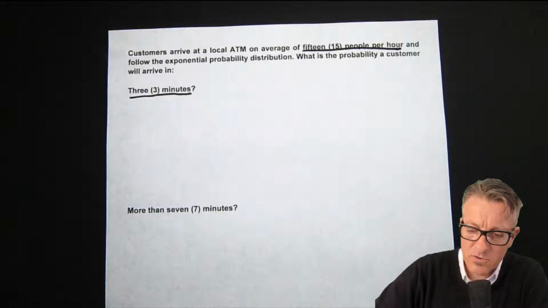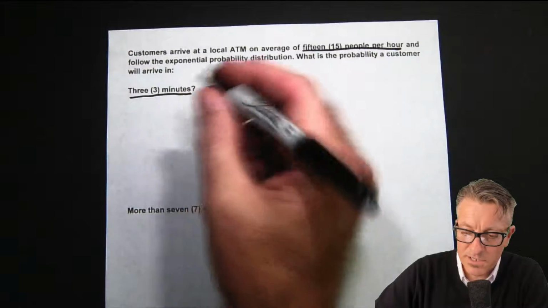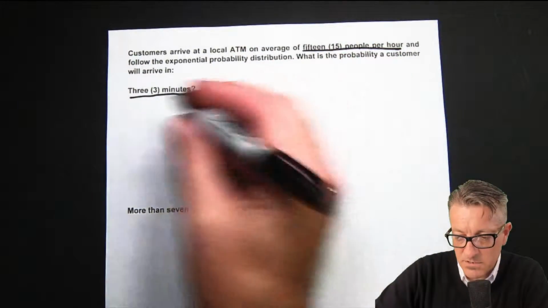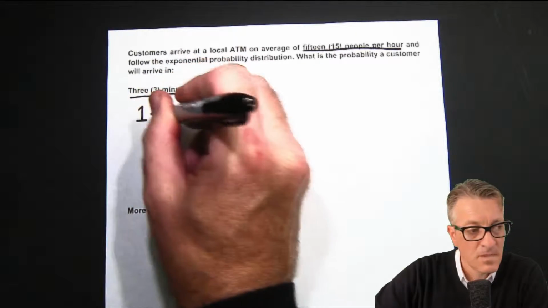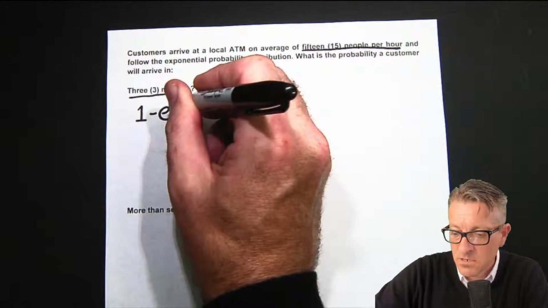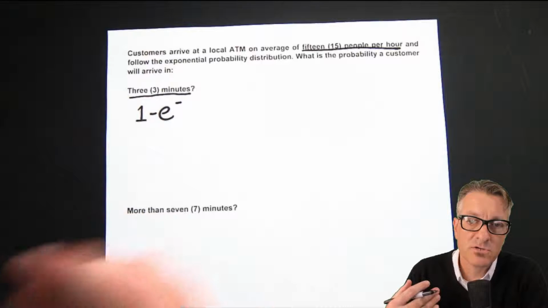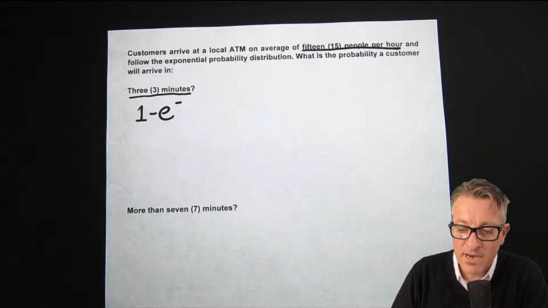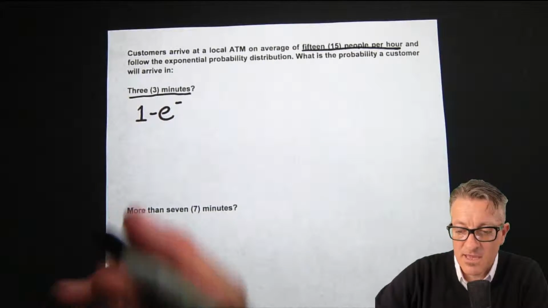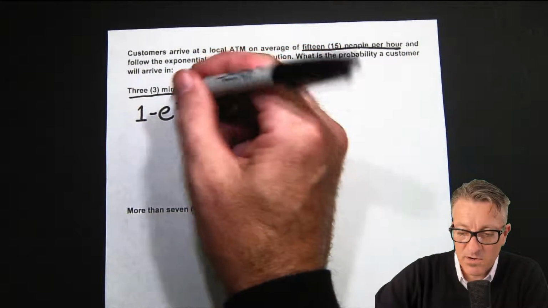So let's write out what equation I'm going to use for this. I'm going to do it like this. And we use this equation when it is 0 to a number. So for 0 to a number, we use 1 minus e to the negative exponent.